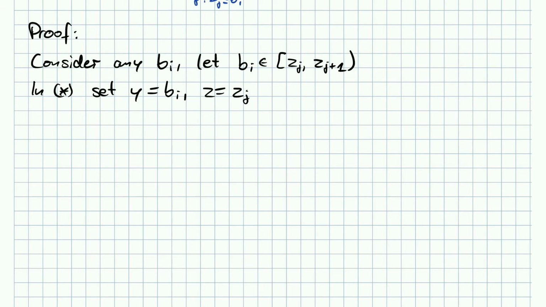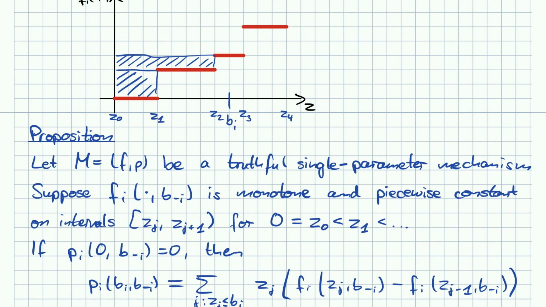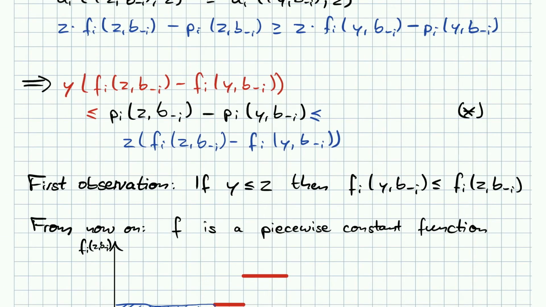What will happen? Let's maybe go back to our picture. We have bi, and then we're comparing this to zj, so in this case z2. How does f change in between? F does not change at all in between. And what does this mean? If the f value for both y and z is the same, then the difference of the payments has to be 0, because this thing here will be 0 and this will be 0.